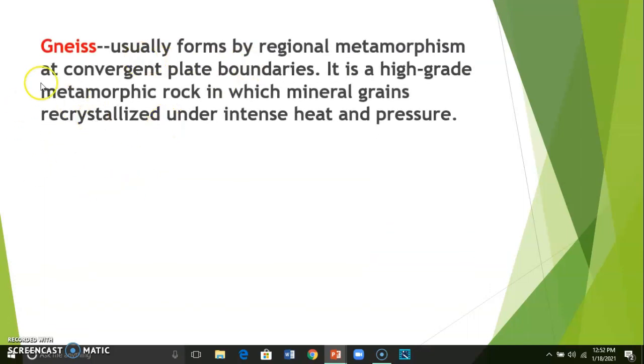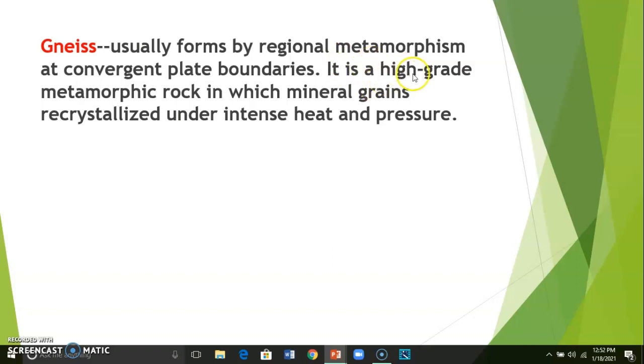Then we have the gneiss. Okay, we will read it together, please. Gneiss usually forms by regional metamorphism at convergent plate boundaries.